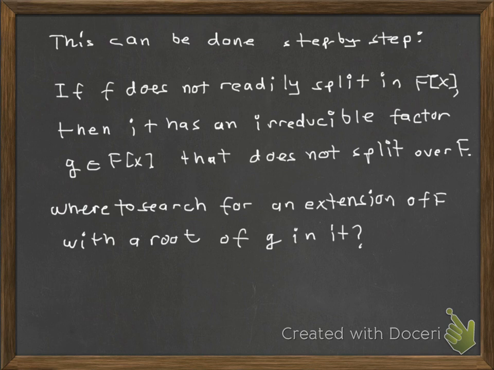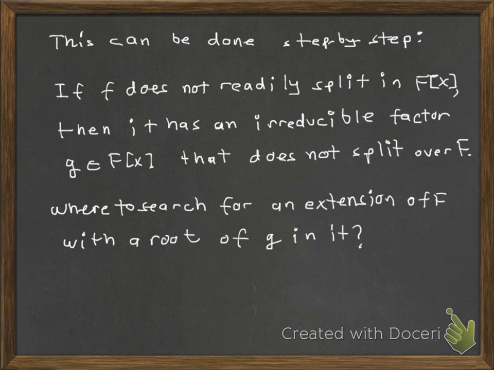The answer is yes, and this can be done step by step using the lemma or instrument that we just proved. If f doesn't readily split in the F[x] polynomial ring, then it has an irreducible factor g that doesn't split over F. So the question is, if you want to split g first in an extension, what is the best place to look for such a root?